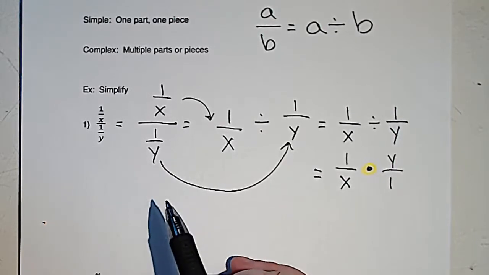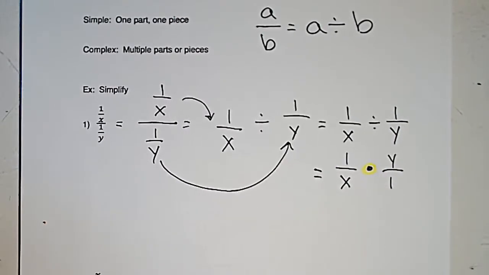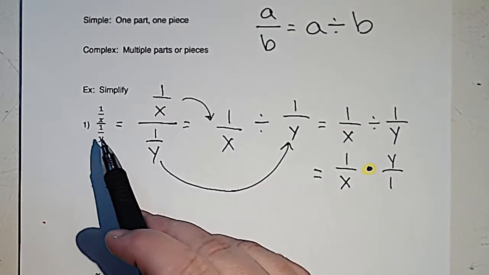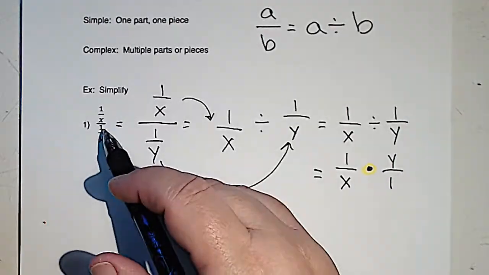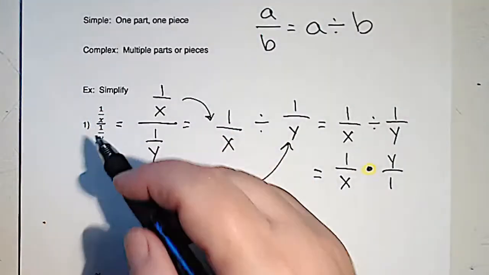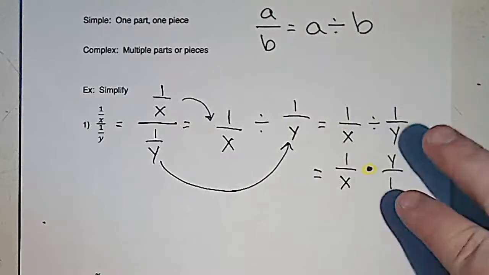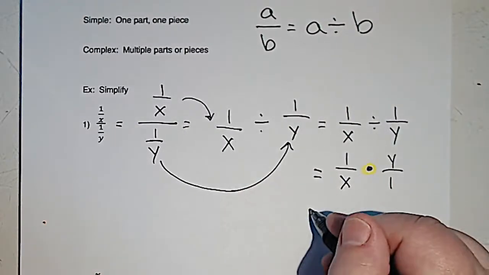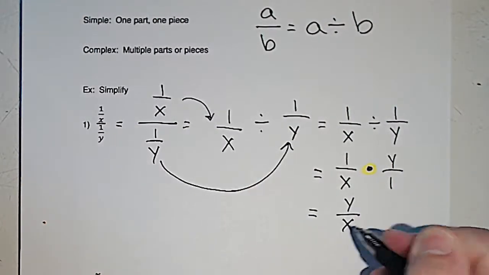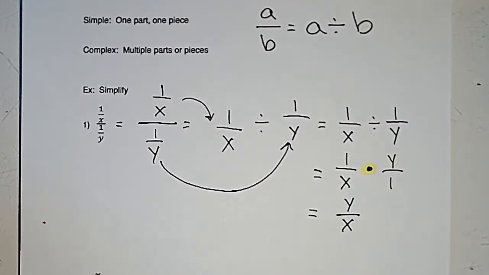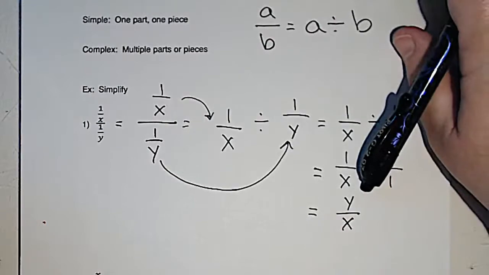As hard as you push it down, it comes flying back up upside down. So if you've ever gone surfing, this makes perfect sense. Pushing the 1 over y down into the denominator makes it flip back up upside down. So I actually get y over x. It's not so bad. Complex fractions, not necessarily the most difficult fractions.